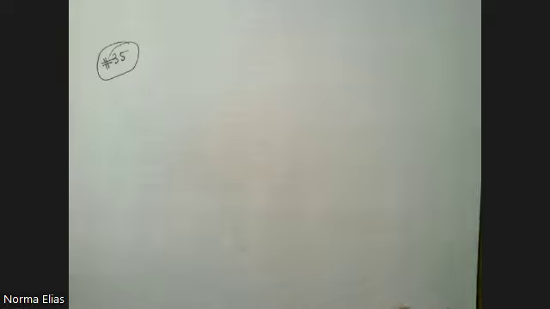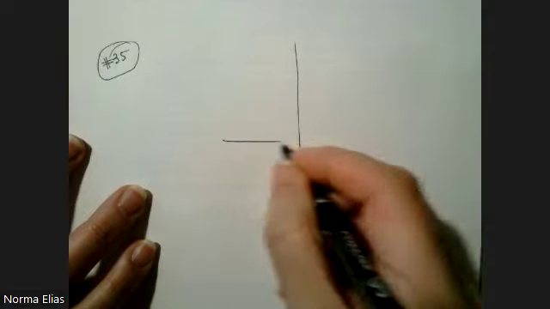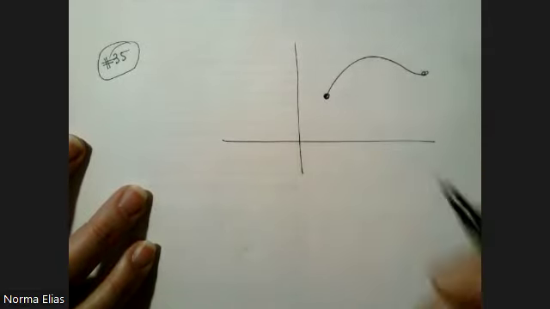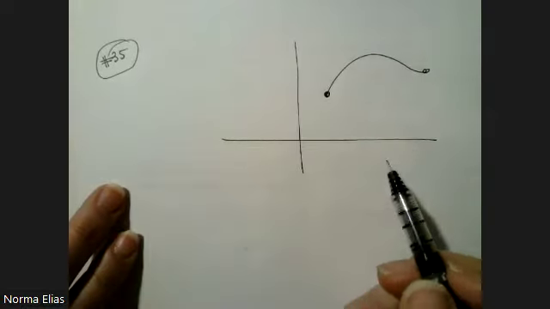Okay. So I look at number 35. Yesterday we saw the arc length. It means that if you have the graph of a function, what we are interested in is basically the length of this curve.